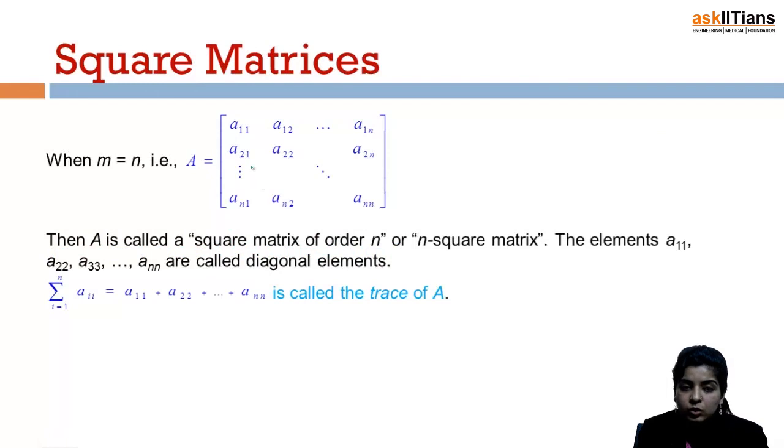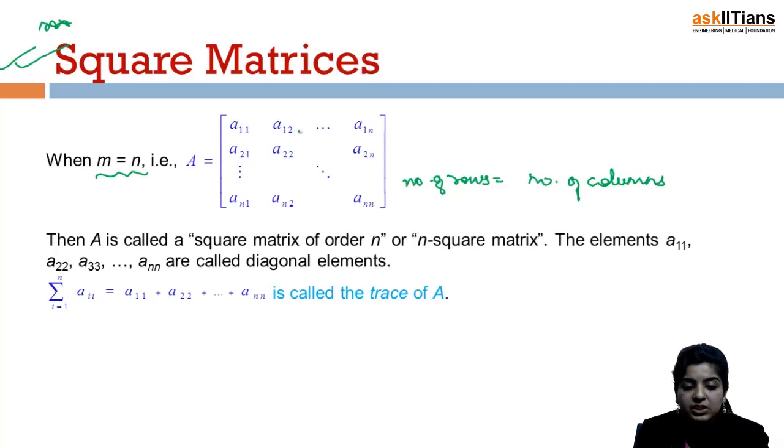Next we have square matrices, and this is an extremely important kind of matrix, which will be used in the definitions of various other matrices as well. A square matrix is the one in which m is equal to n. That means the number of rows is equal to the number of columns. Such a matrix is termed as a square matrix.